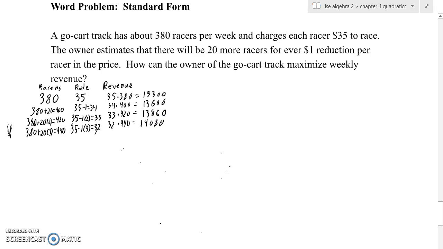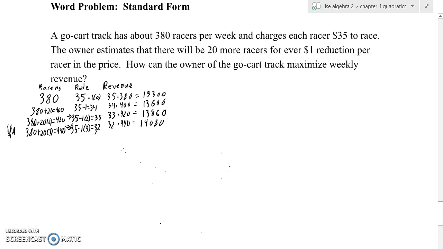Okay, so I think I figured out what's going on here. Because here we are reducing it by 1 0 times. Here we're reducing it by 1 1 time. Here we're reducing it by 1 2 times. Here we're reducing it by 1 3 times.